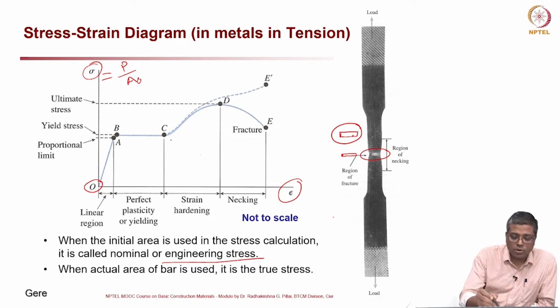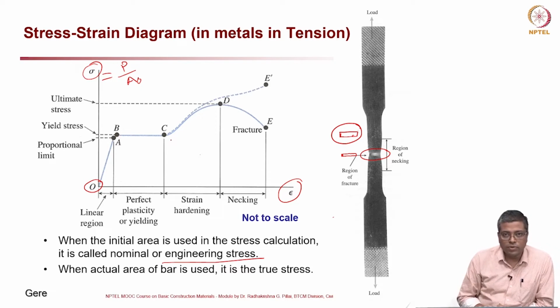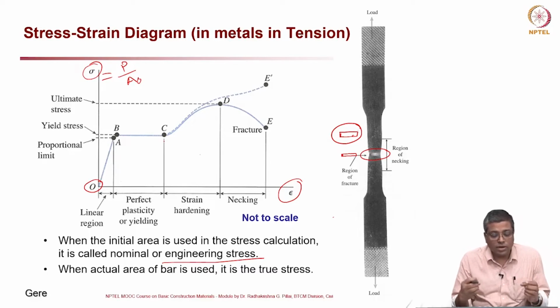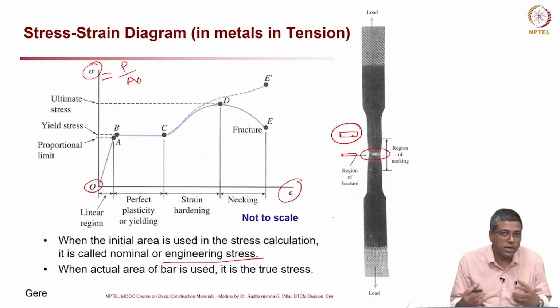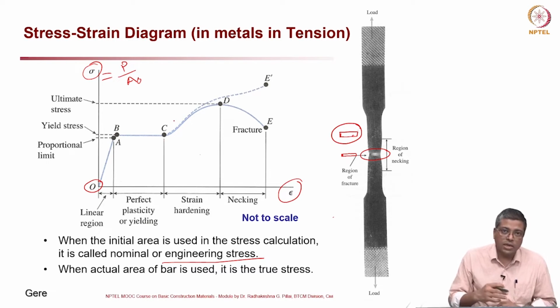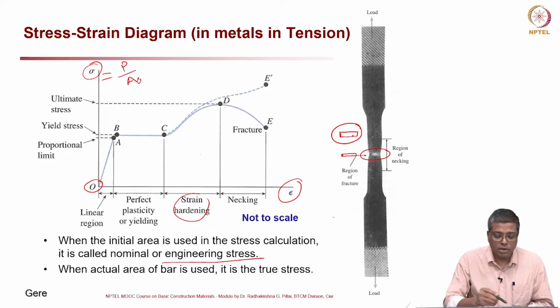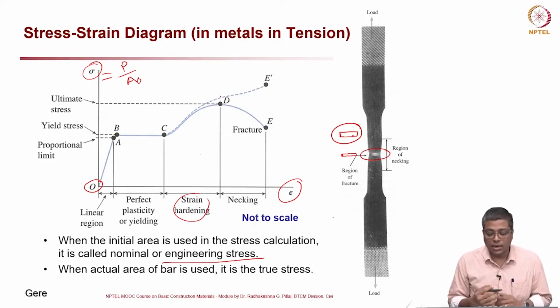After B there is a flat region which is the yield plateau. From B to C the material is perfectly plastic, yielding without really experiencing more stress. But after point C it experiences more stress, so we call this region, from C to D, strain hardening, and at D necking happens.